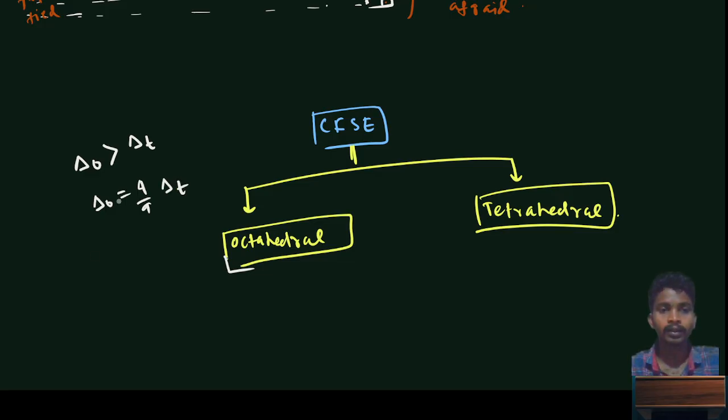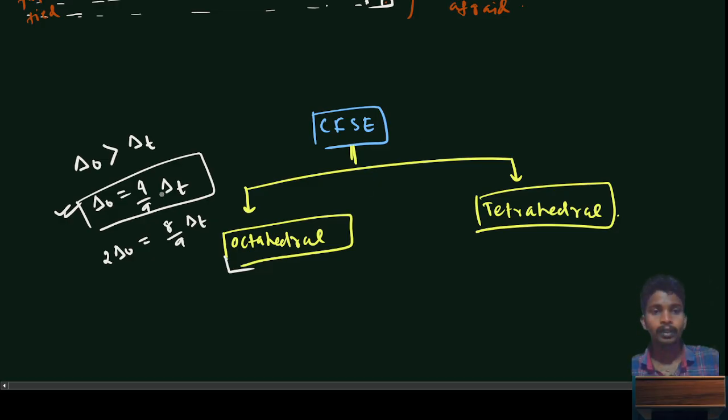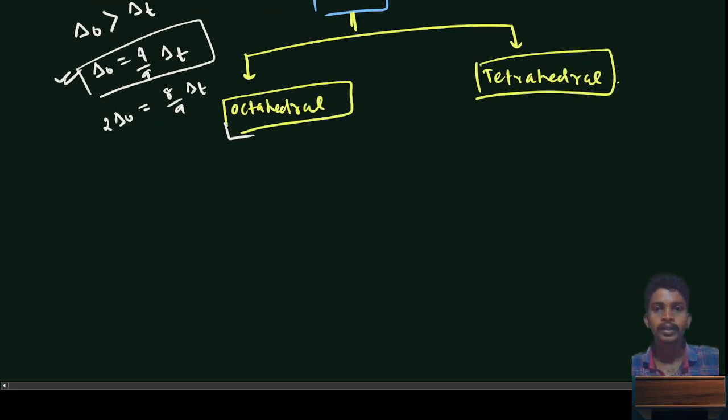That means delta T is nearly half, so delta naught is nearly double delta T. So delta naught is always greater than delta T. Okay, so this delta T value is very small. We'll discuss this further.